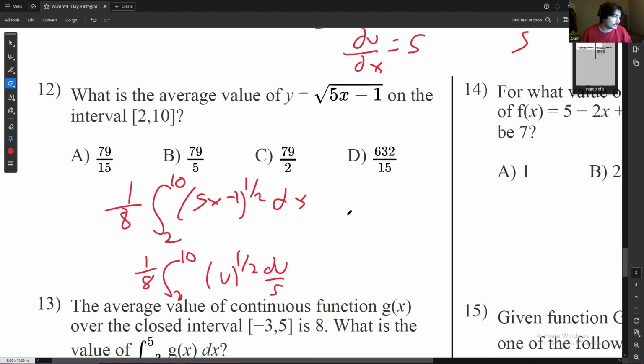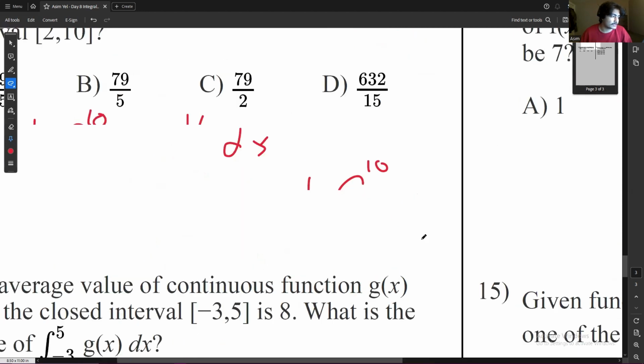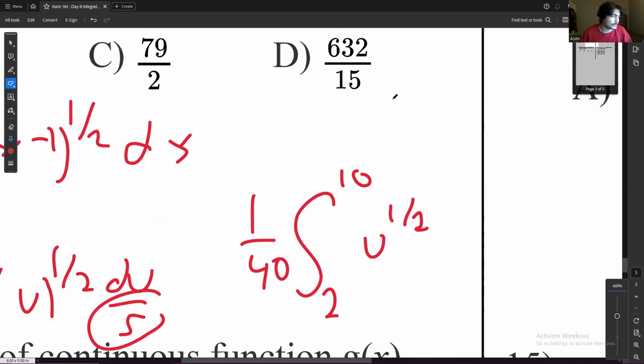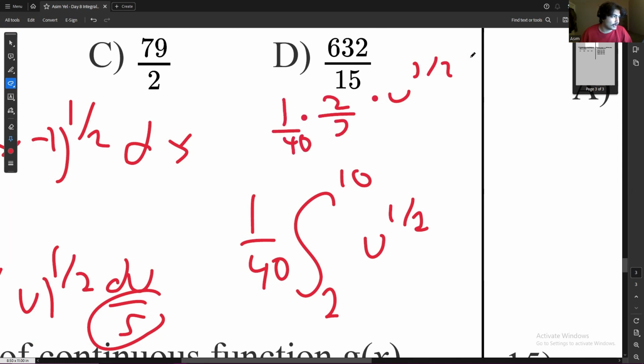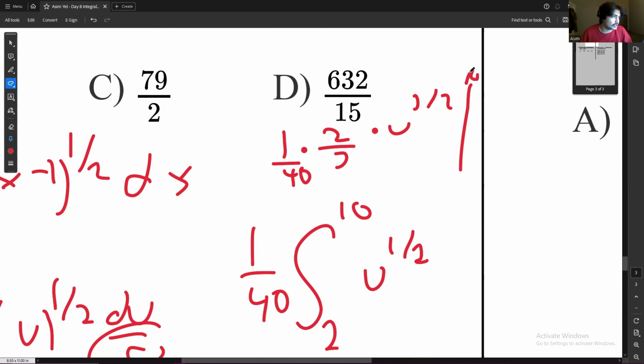Now I'm just gonna pull this 5 outside, so I'm gonna do 1 over 40 because 5 times 8 is 40, integral of u to the 1/2, and just add 1 to the exponent and divide with your new exponent, which will be 2/3 times 1 over 40, and also your region is 2 to 10.